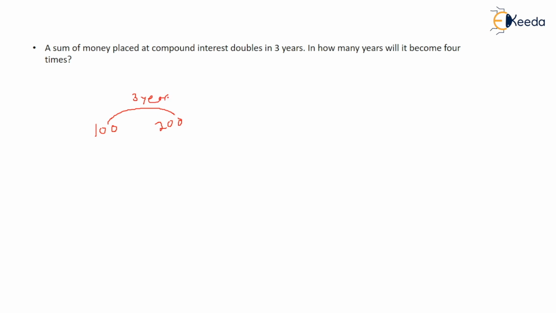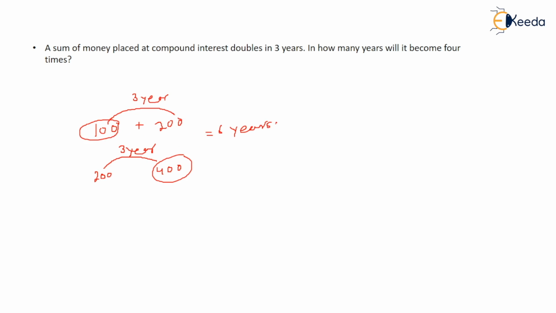So at what time will it become 4 times the initial? From 200 it becomes 400, meaning it will double itself in the next 3 years. So 3 plus 3, that is, in 6 years it will become 4 times. From 100 it is becoming 400. So that's how you have to do it.